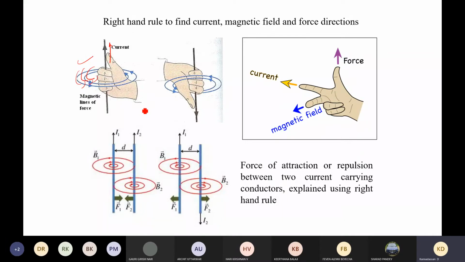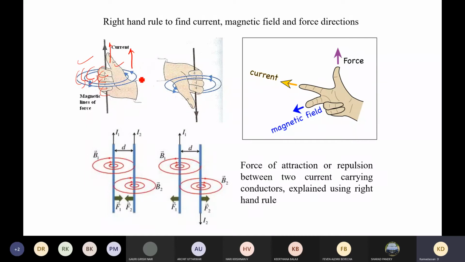So whenever the current is going in the upward direction, the field goes in this direction. And whenever you put the thumb down, it will go in the opposite direction.